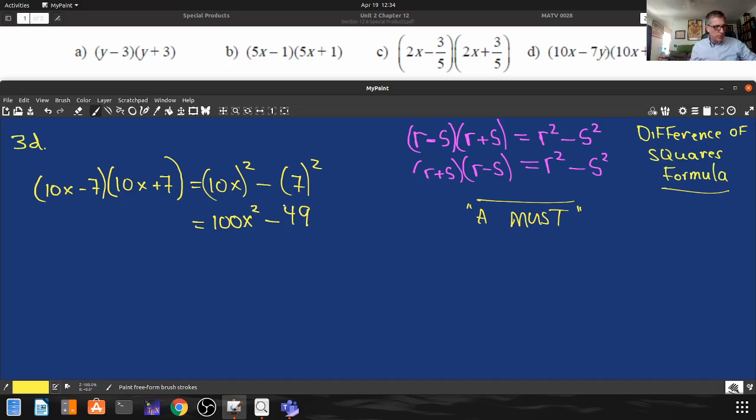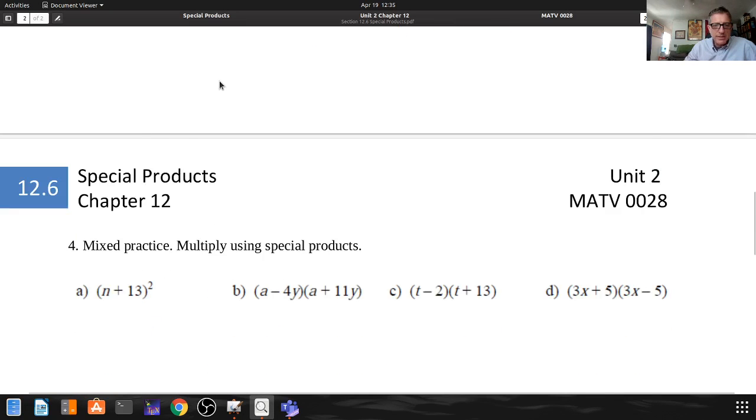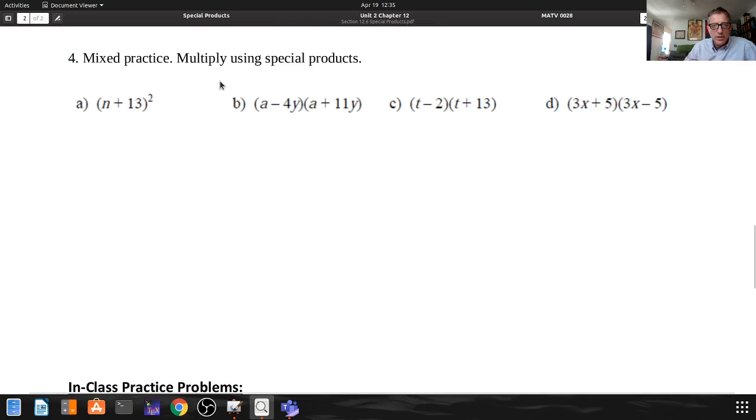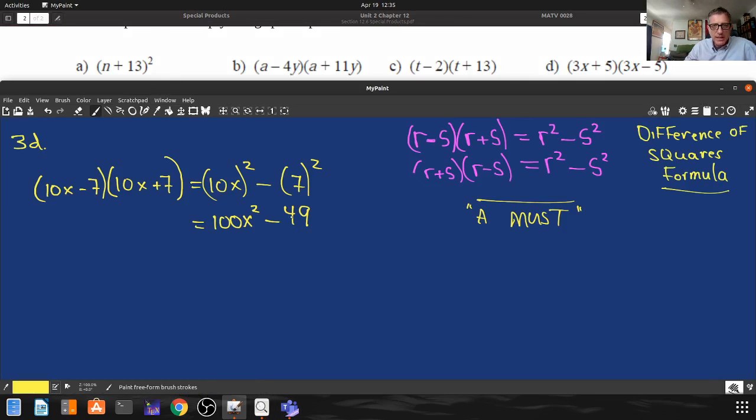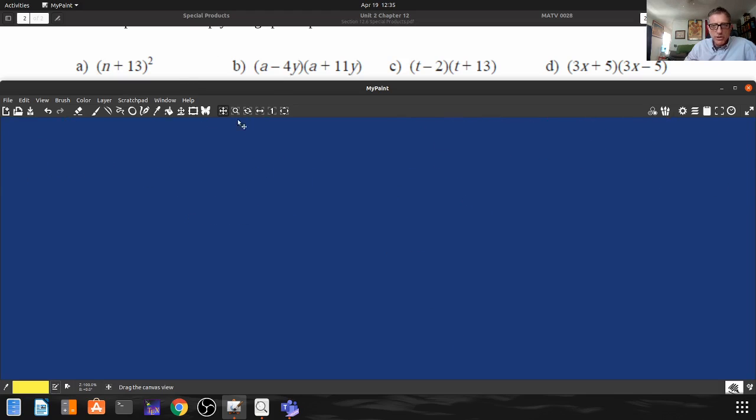So all of those were really pretty straightforward. So we have one more page where we're going to mix these techniques together. I'm not going to write the formulas anymore. You all should have them written down on a piece of paper on your own. Let's look at these.